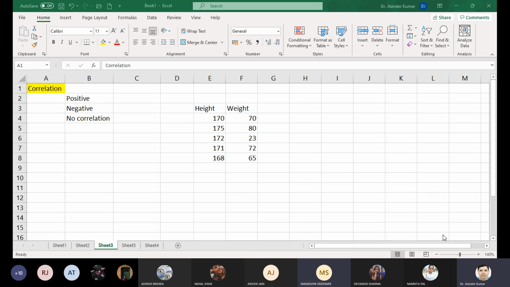Okay, all right, very good. So, correlation is basically a relationship between any two variables or any two entities or any two objects. If you find there is a relationship, we call it correlation. That is a general definition.